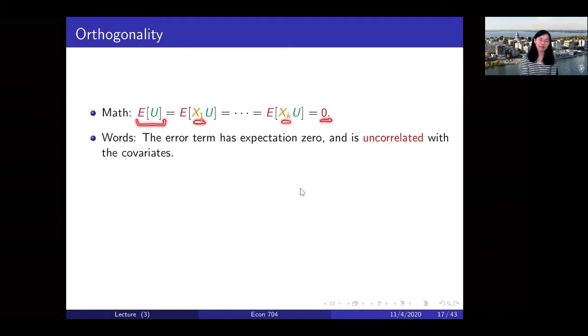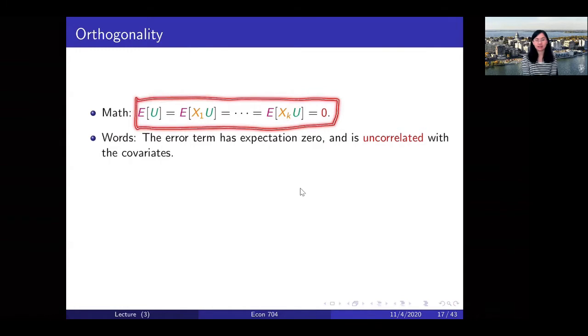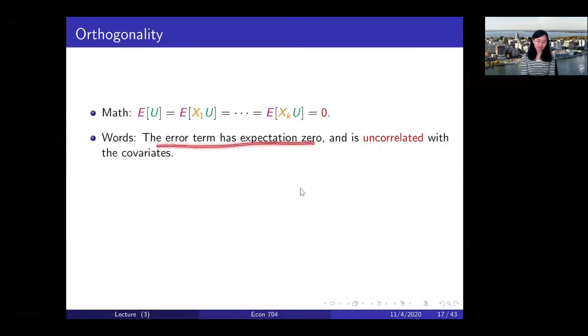Orthogonal meaning that it has 0 correlation with these x variables. Okay, so this is the mathematics of the orthogonality condition. So in words, it says that the error term has expectation 0 and it's uncorrelated with the covariates.